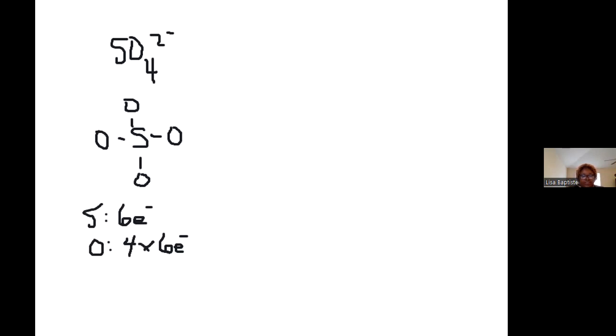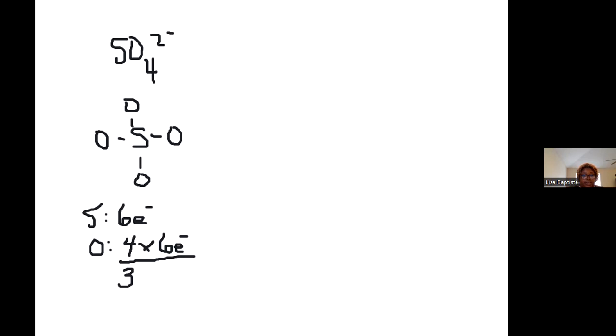When we have a -2 charge, you add the electrons according to the charge. So if it's negative, you want to add 2 electrons. If it is positive, you want to subtract the number of electrons. Okay? So we are going to add this up first. So this is 4 times 6, which is 24, plus 6, which is 30.